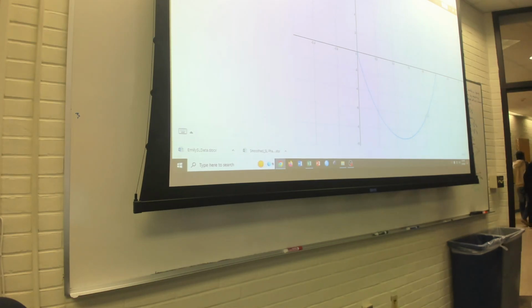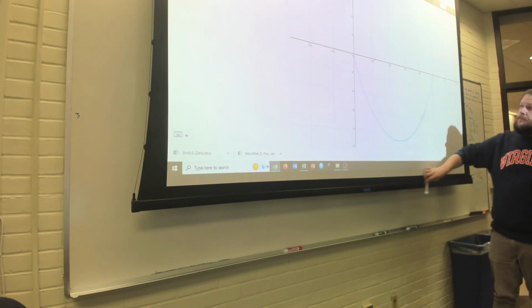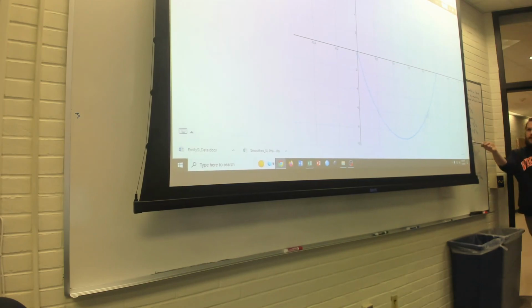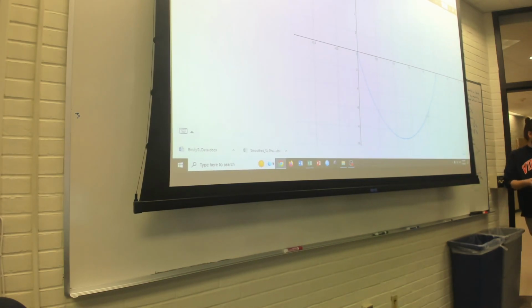Right? And so the idea is that the system wants to be at the lowest possible energy, so finding the minimum of the energy with respect to the bend angle of carbon disulfide allows you to calculate the correct bond angle for carbon disulfide, right?